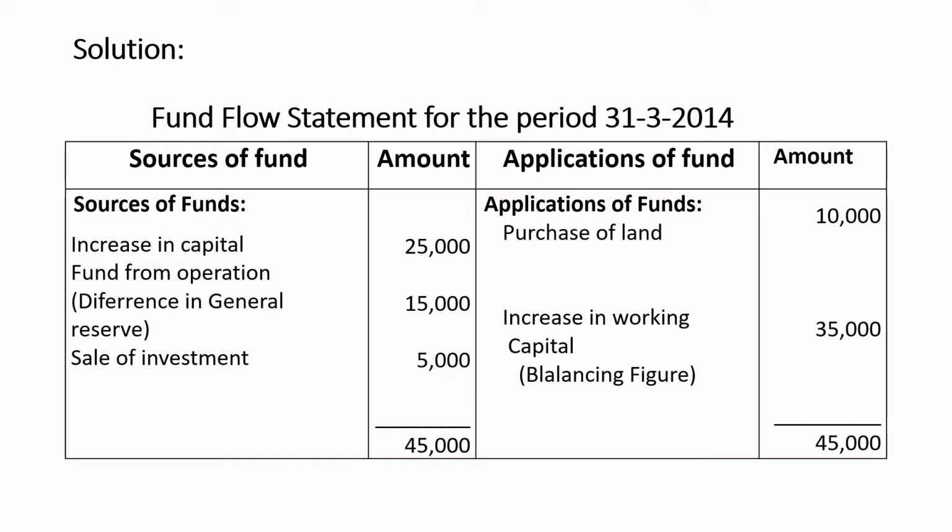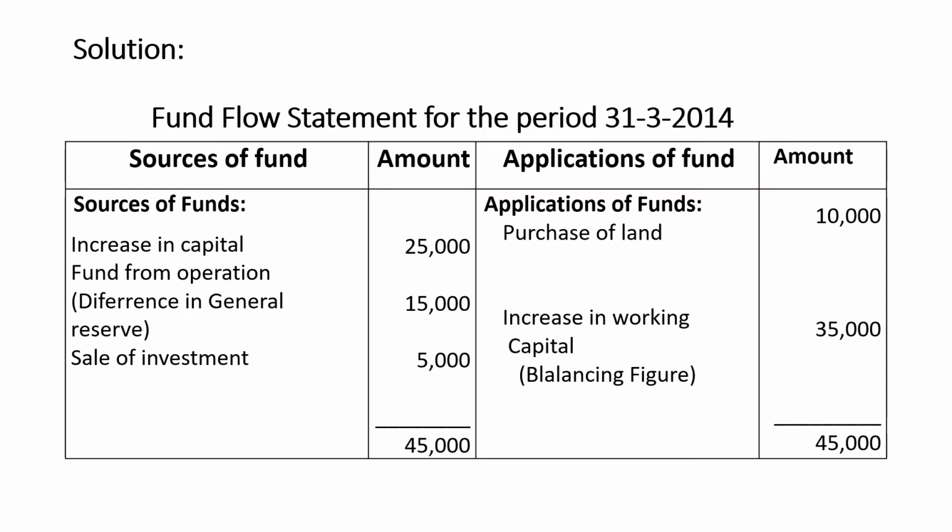Sale of investment. See the value of investment during the year 2013 is 15,000. For the year 2014, 10,000. It means long-term investment reduced by 5,000 during the year and is considered as sale of investment and treated as a source of fund.